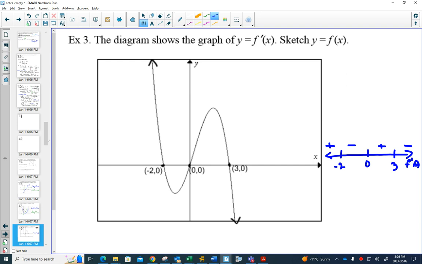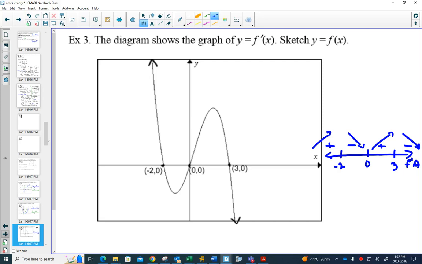And if I have those positives and negatives, that tells me my original graph goes up, then down, then up, then down. And I know that I need to have a maximum somewhere at -2, a minimum somewhere at 0, another maximum somewhere at 3, and my graph has to follow this shape.